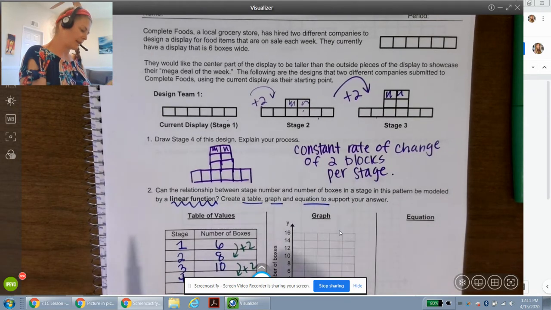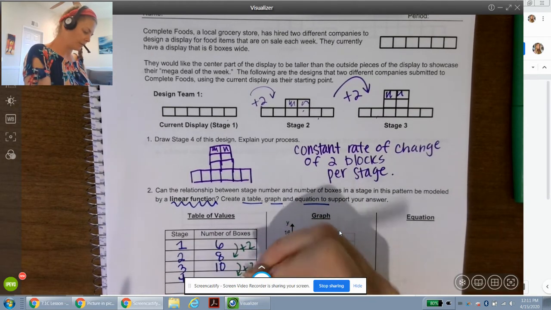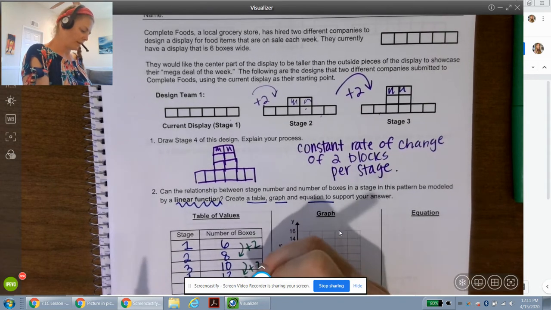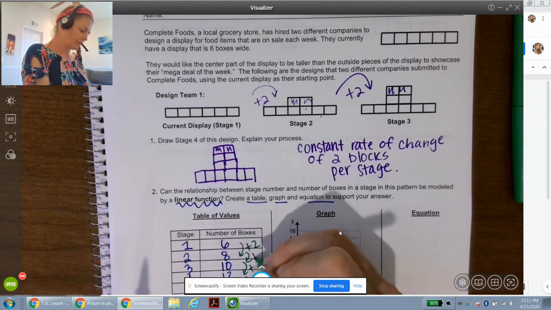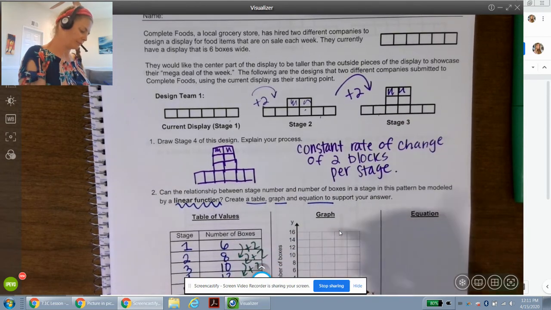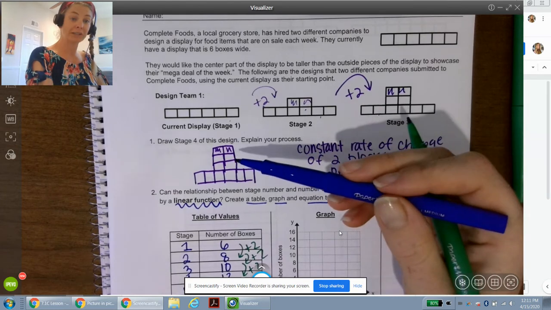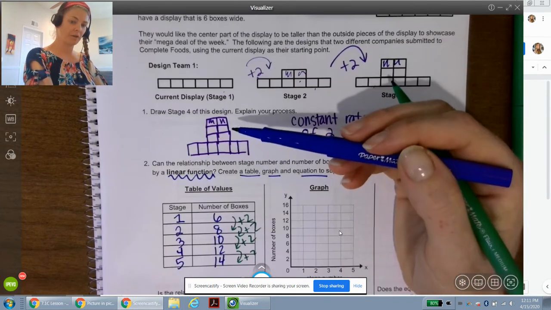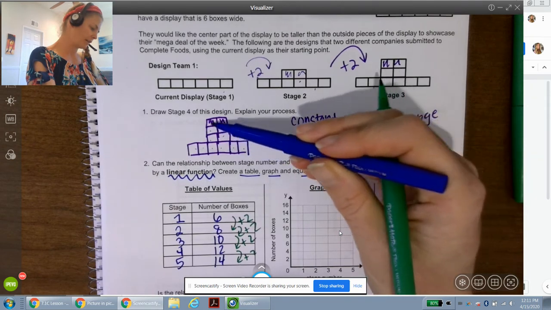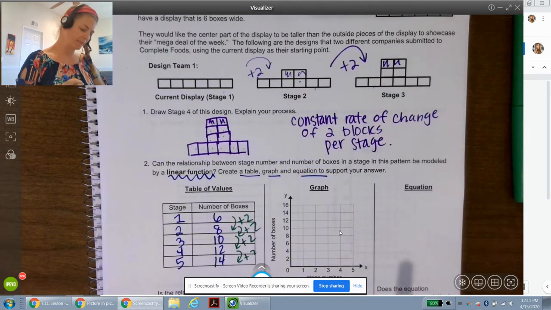The next stage we added 2 more to get 12. And the next stage we added 2 more to get 14. Double check on stage 4 that we have 12 boxes: 1, 2, 3, 4, 5, 6, 7, 8, 9, 10, 11, 12. Hey, looks good.